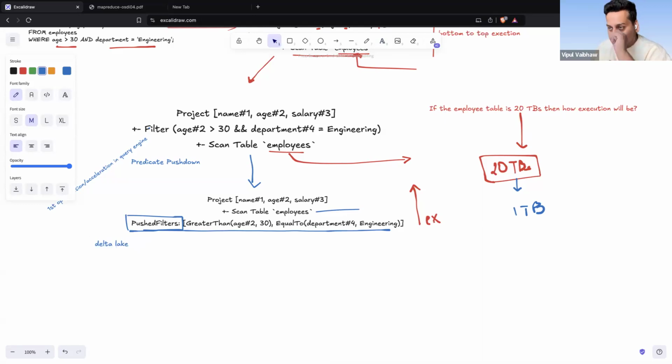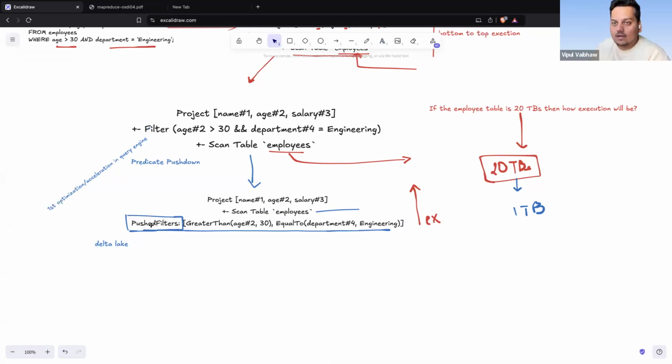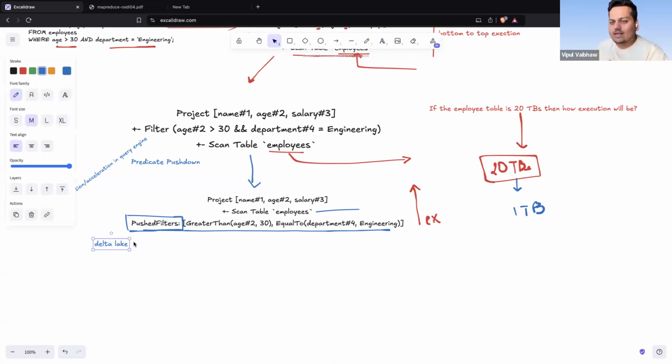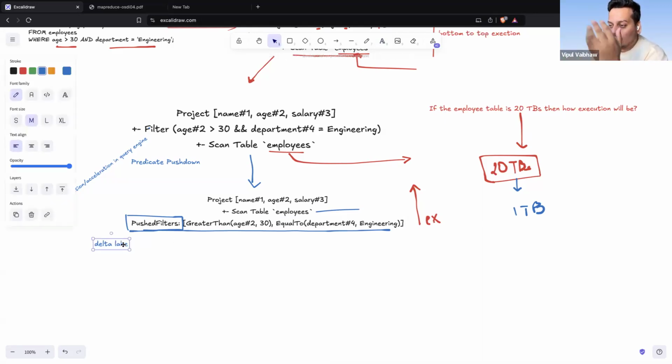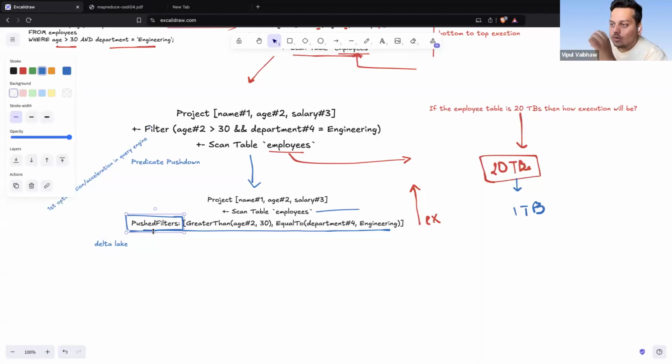So we have things like Delta Lake, which supports push down filters, and query engines can take massive advantage of that. So this is the first optimization, first acceleration. I think S3, everybody supports this, but the most modern Delta Lake type of thing supports this. But you need support from your storage as well.